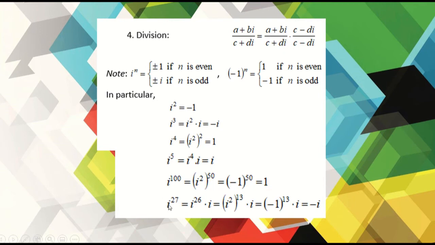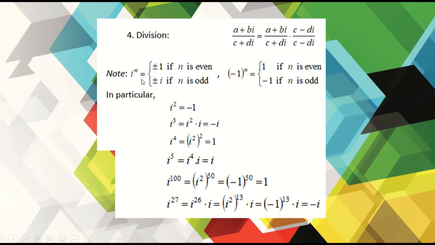Next, I to the power of 27, that is equal to I to the power of 26 times I. And I squared to the power of 13 is 26, right? 2 times 13 is 26, times I. So again, I squared is negative 1. Negative 1 to the power of an odd number is equal to negative 1. So negative 1 times I is negative I.